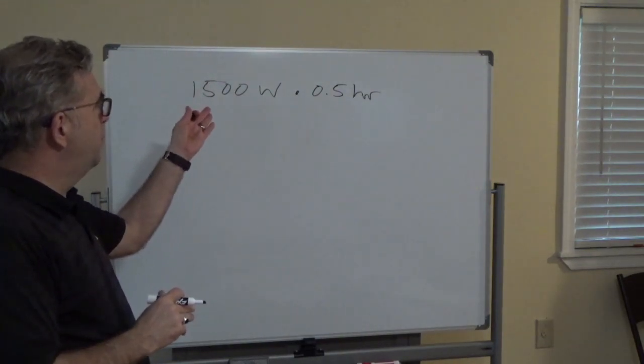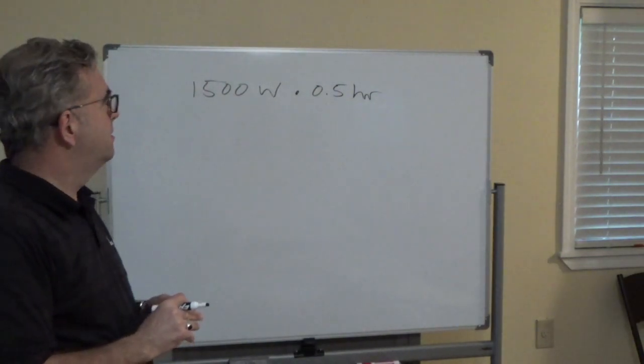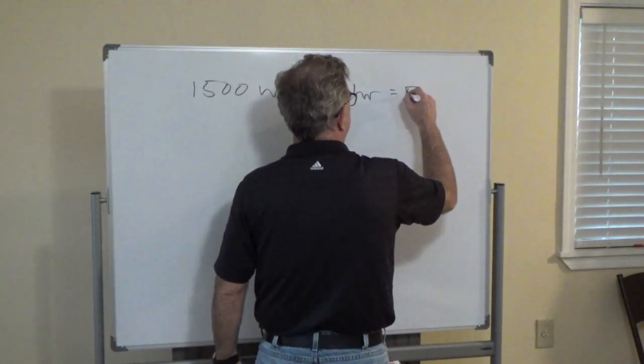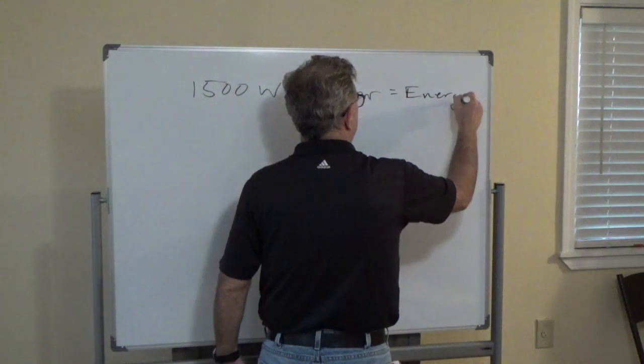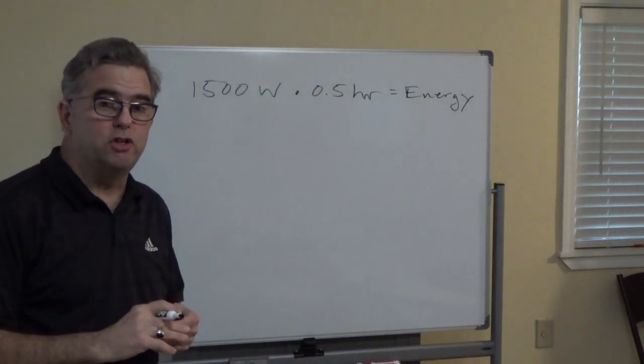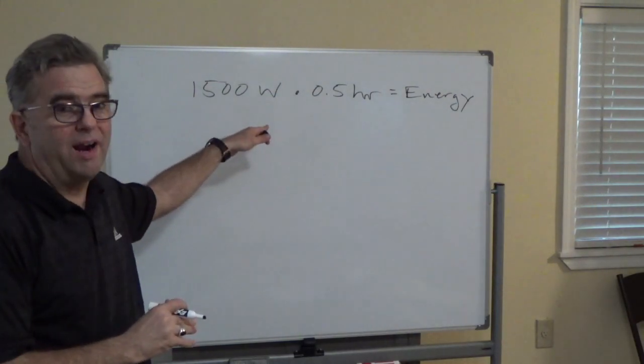So 1500 watts times a half hour, that's going to be a unit of energy. That's going to be in watt hours.